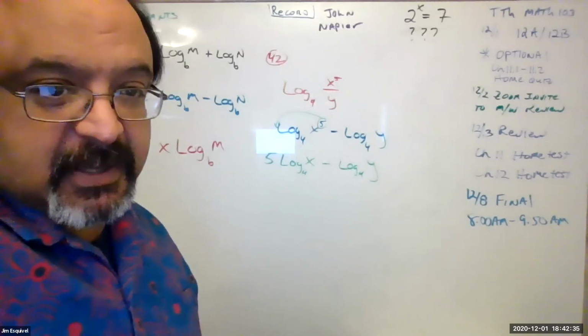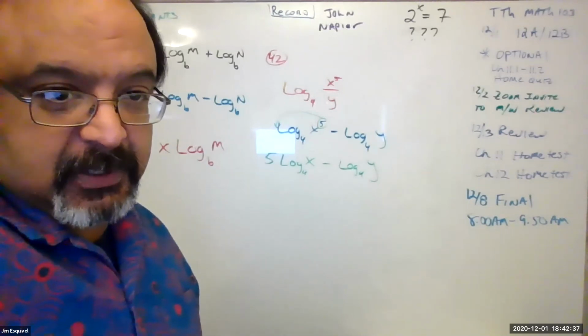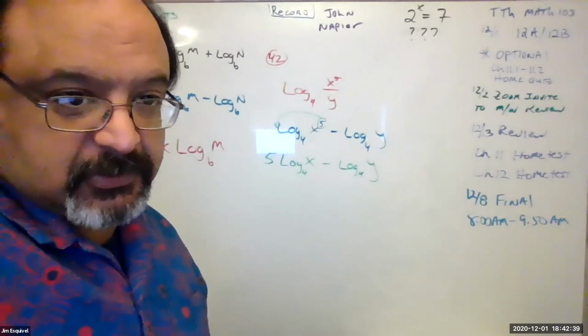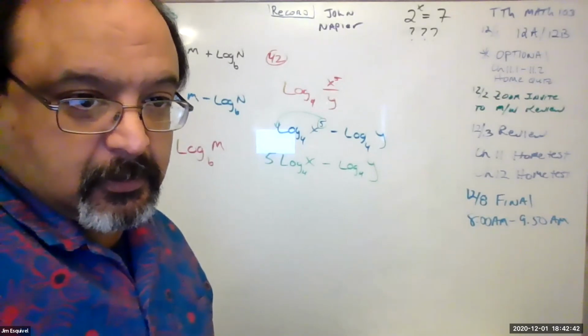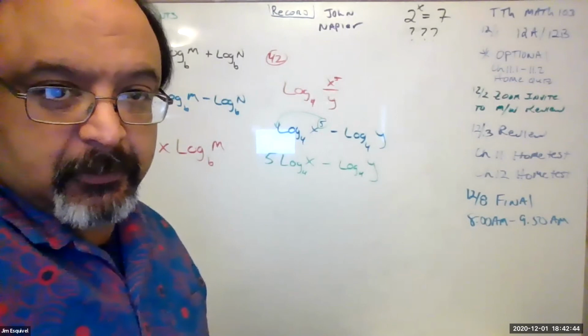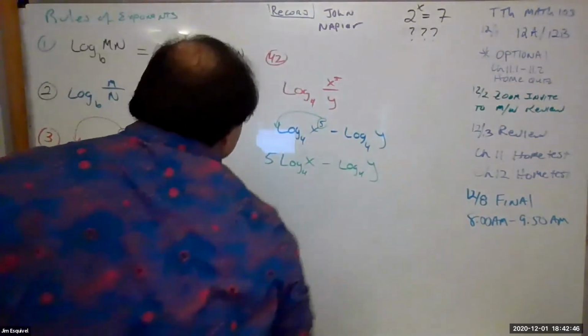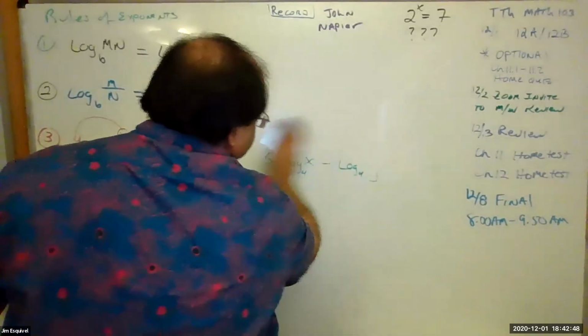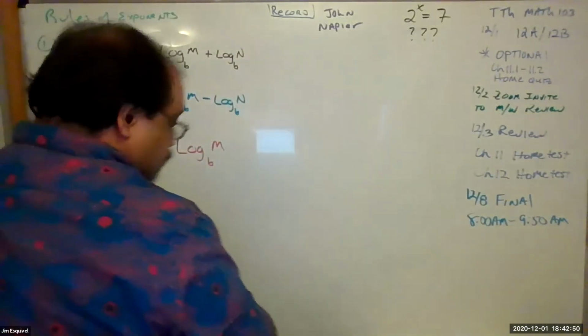So one last example I want to show you, and then I'm going to let you guys get out. It starts at number 44. In 44, this is actually how it used to go down.